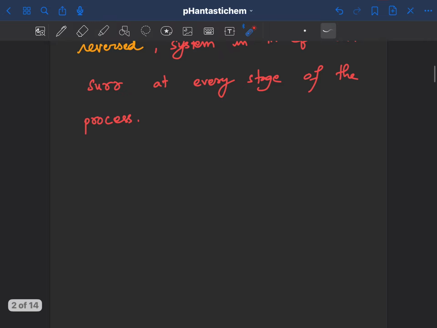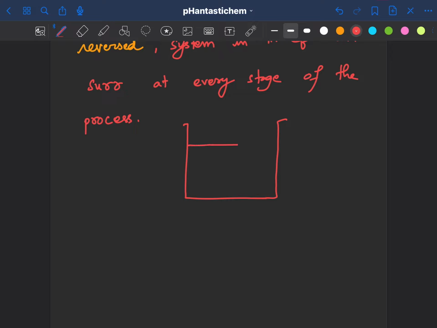To imagine or to think of a reversible process, what you do is you think of a piston, and this piston has a gas inside it. Let's say that we have a pile of sand above the piston. So there are two kinds of pressure.